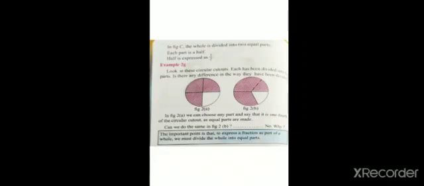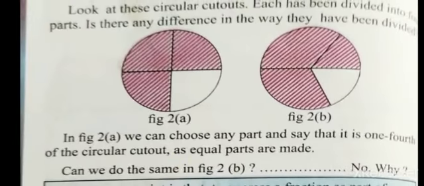In the first circle, the circle is cut into 4 equal parts. But in the second circle, the circle is not cut into 4 equal parts.